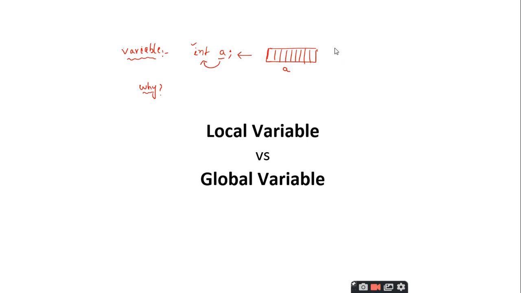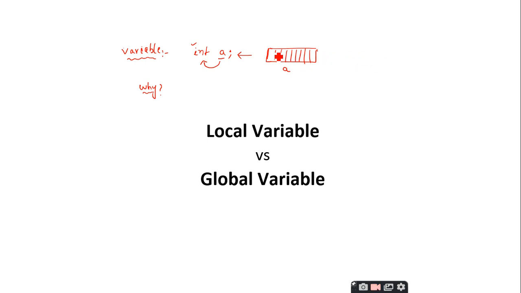The basic concept of the memory is a sequence of cells, a group of cells, where every cell can store one bit of data, either 0 or 1.